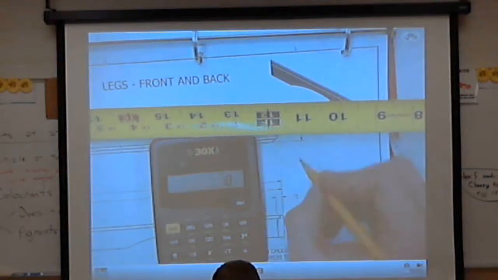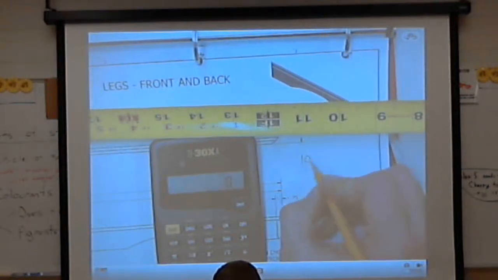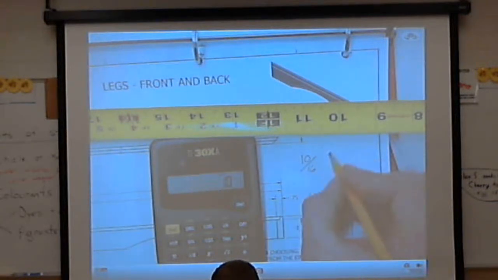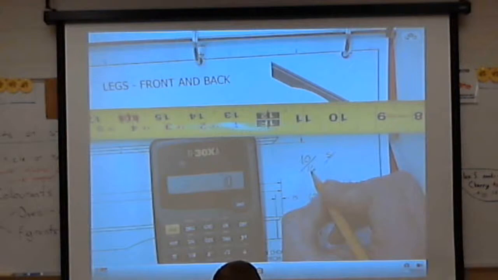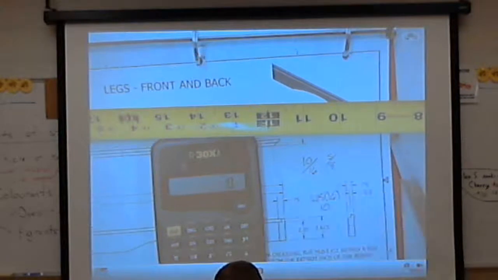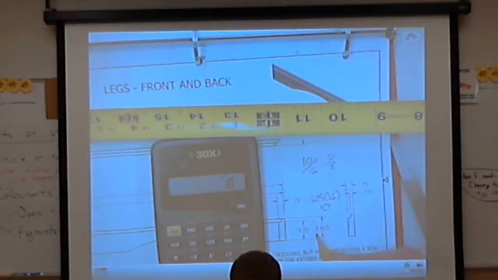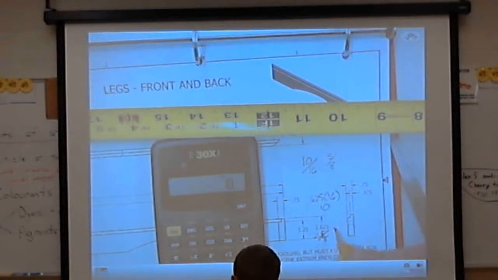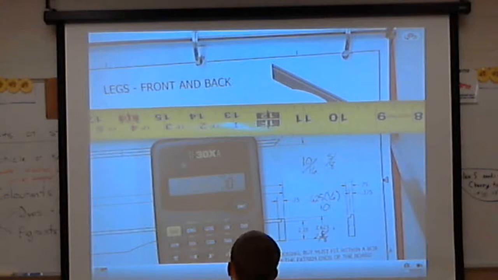So I have 10/16, which reduces down to what? 5/8, right? I divide top by 2, so I have 5. The bottom also divides by 2, 5/8. So this right here is the same as saying 2 and 5/8. That's going to be your overall width, 2 and 5/8 of an inch.